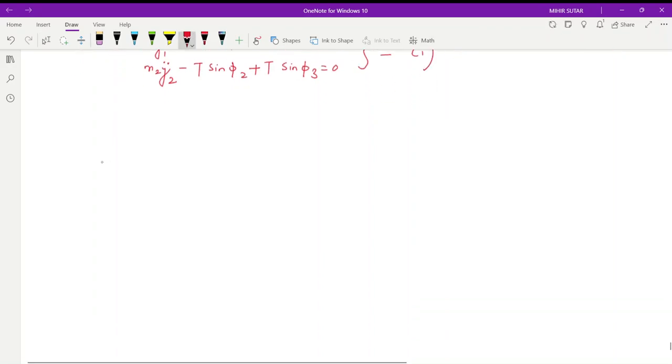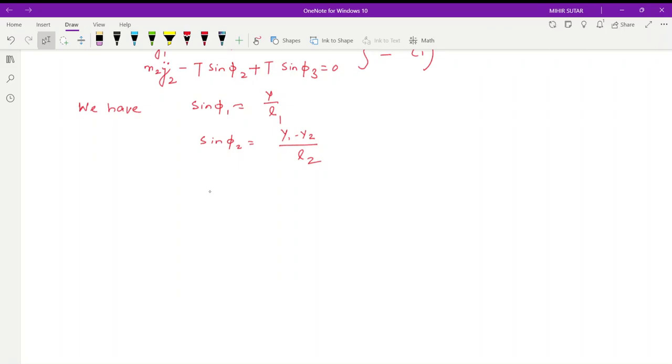Now from the geometry we have, we can write that sin phi 1 is y1 by L1, sin phi 2 will be y1 minus y2 by L2, and sin phi 3 will be obviously y2 by L3.